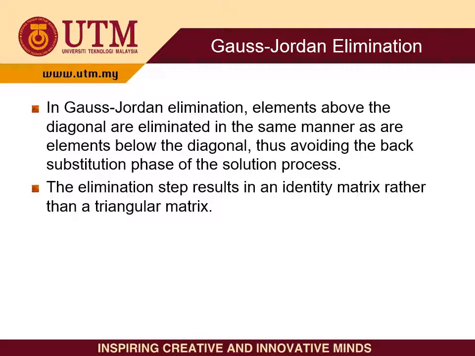Gauss-Jordan elimination. In Gauss-Jordan elimination, elements above the diagonals are eliminated in the same manner as the elements below. So it is a reduced echelon form, meaning 1 1 1 and 0 0 for both sides.